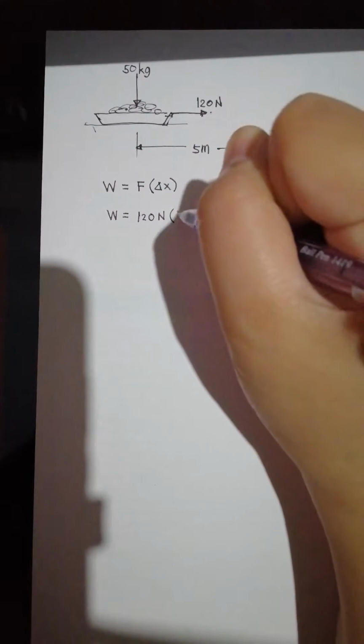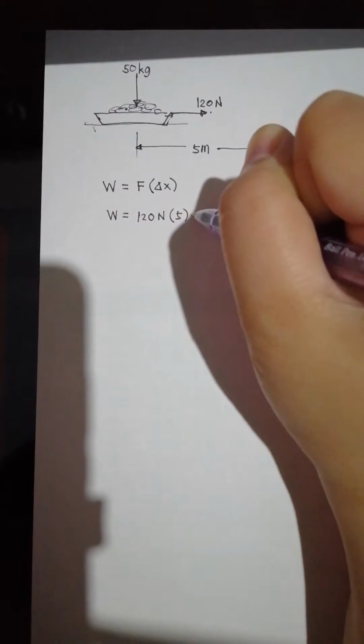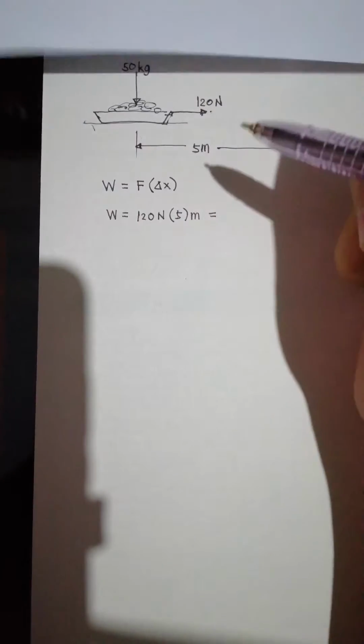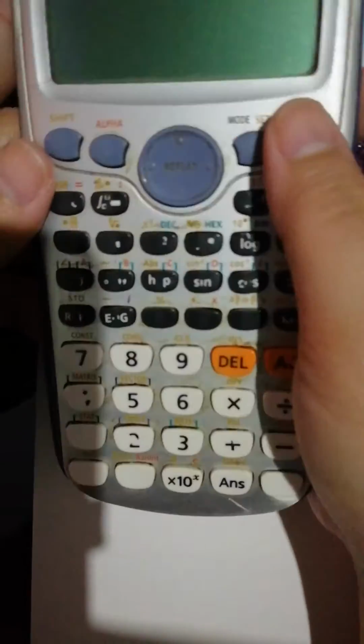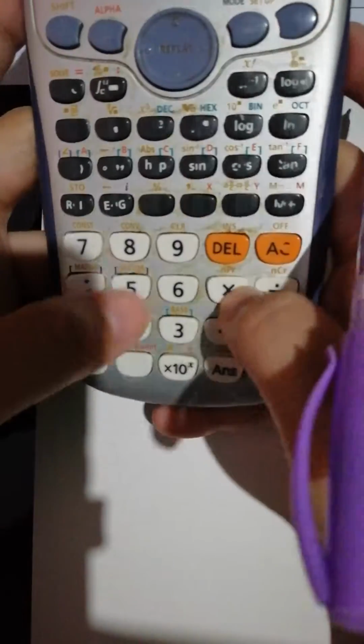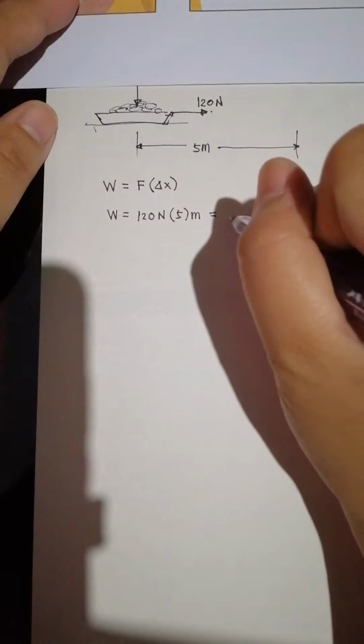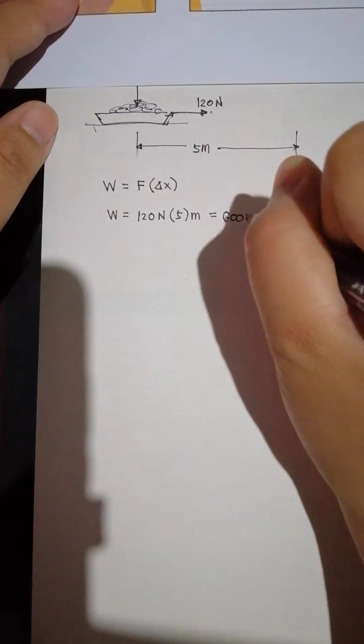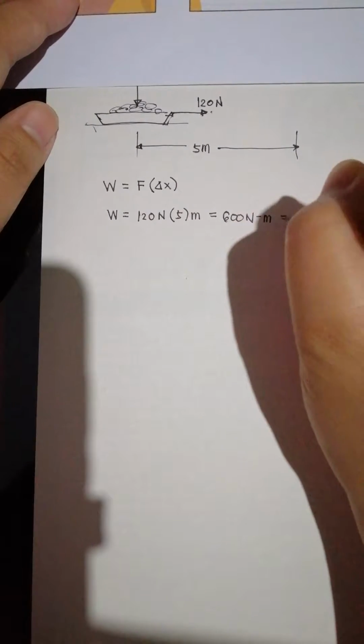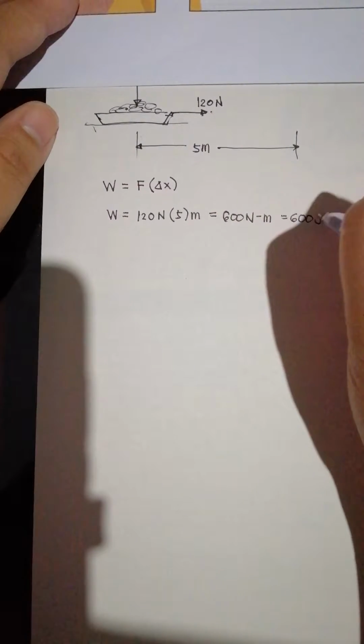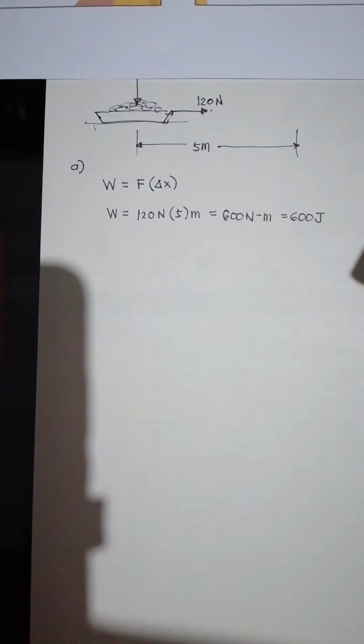So we have 120 newtons times 5 meters, and that will be 120 times 5, so 600 newton meters or 600 joules. So this is the answer for question A.